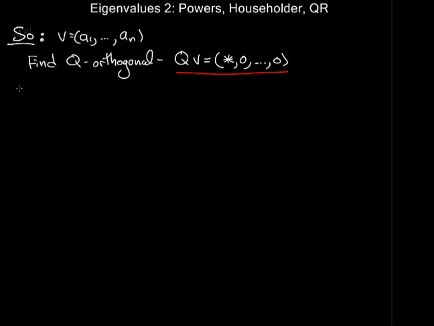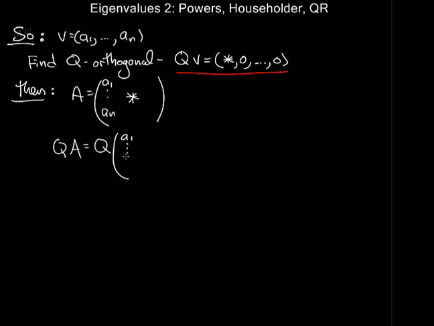Or in other words, it's an orthogonal matrix which takes your vector v to a vector on the first axis, axis number 1. And the reason that this is useful is if this v is the first column of a matrix, when you multiply on the left by this Q, you're going to get all these zeros.